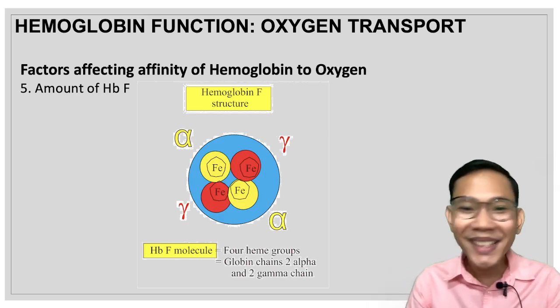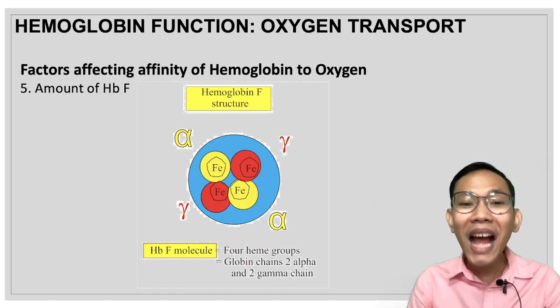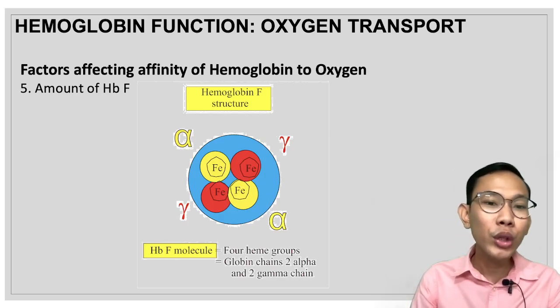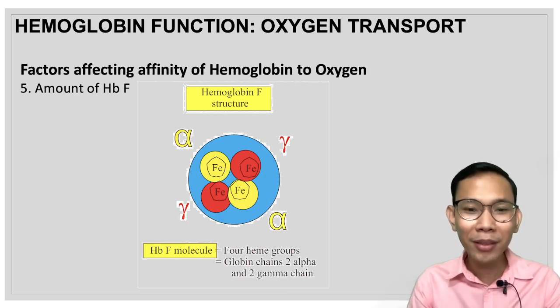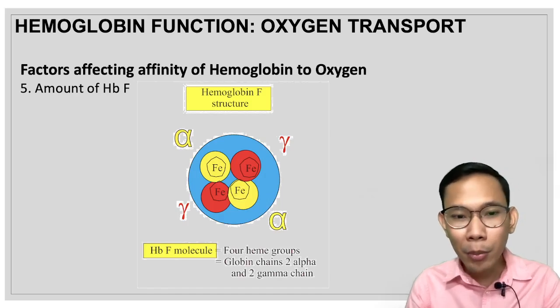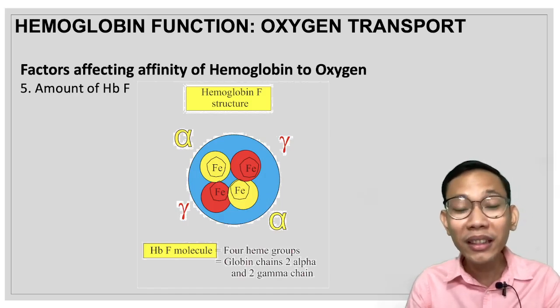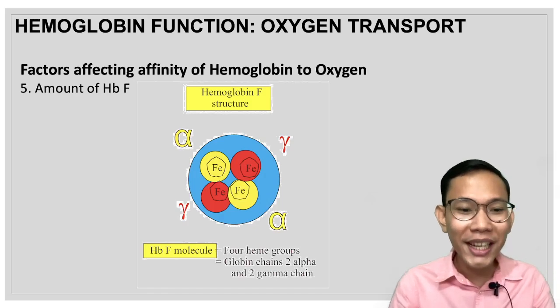Di ba? At least nagigets natin ngayon why mas mataas ang value ng hemoglobin ng ating newborns compared to adult patients. Because it's a compensatory mechanism, since your hemoglobin F has higher affinity to your oxygen. So, dapat, kailangan niya ng more hemoglobin para makarelease ng oxygen later on.